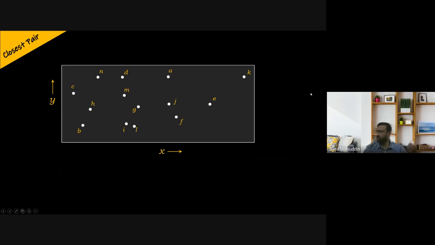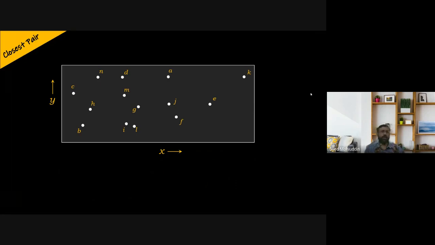Here we have geometric points, and every point has its x and y coordinates. Finding the distance between two points uses the Euclidean formula: the square root of (x2 minus x1) whole square plus (y2 minus y1) whole square. That gives us the distance between 2 points.